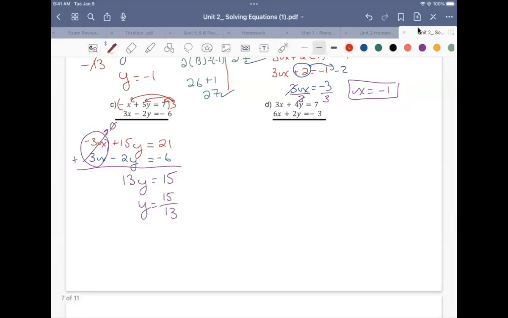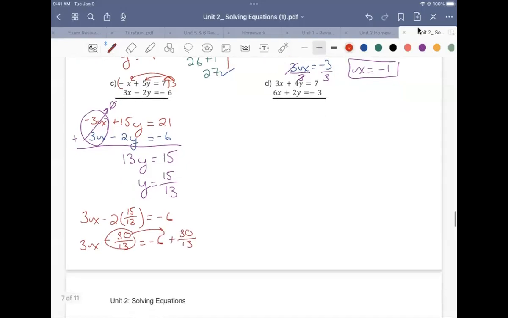I'm going to pick the second one, so I will get 3x minus 2 times 15 over 13 is equal to negative 6. So 3x, negative 2 times 15 is negative 30 over 13 equals negative 6. This we're going to bring on this side and have it positive 30 over 13.